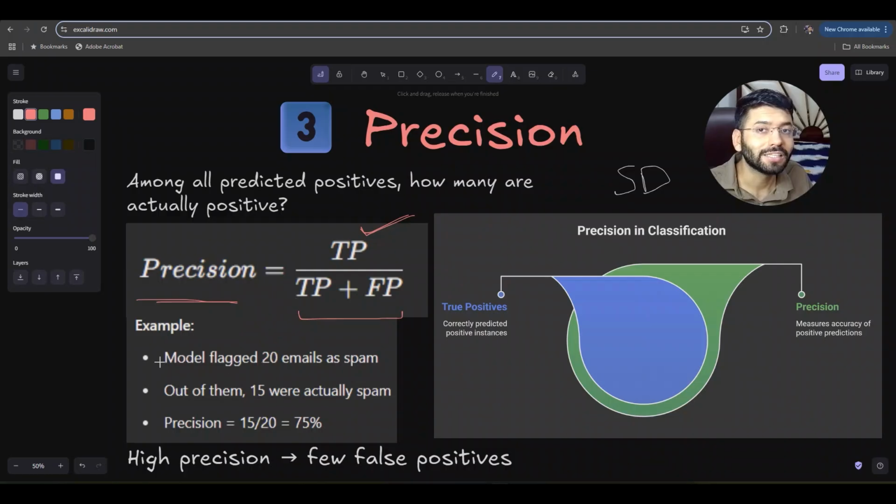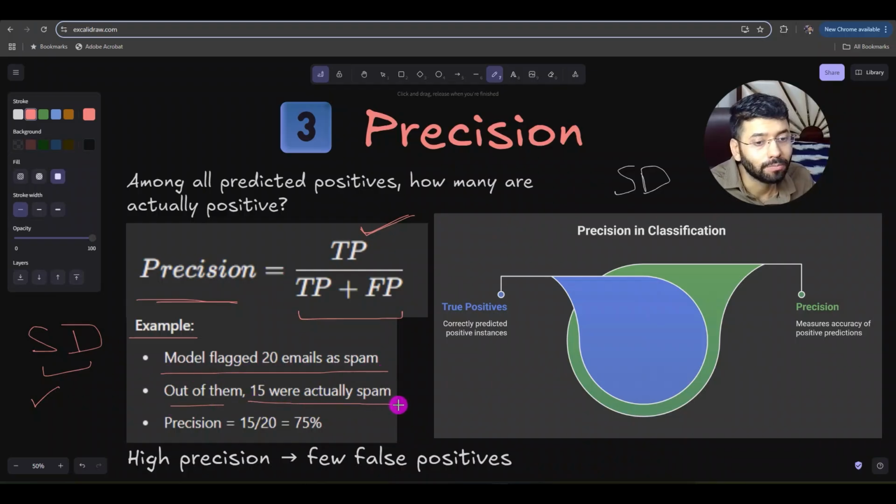Let's understand this with an example. Say we are talking about a spam detection model. True positive will be when you detect a spam email, and false positive will be when it wasn't a spam email but you predicted it as spam. Let's say our model flagged 20 emails as spam, but out of those only 15 were actual spam. So our system has 15 true positives.